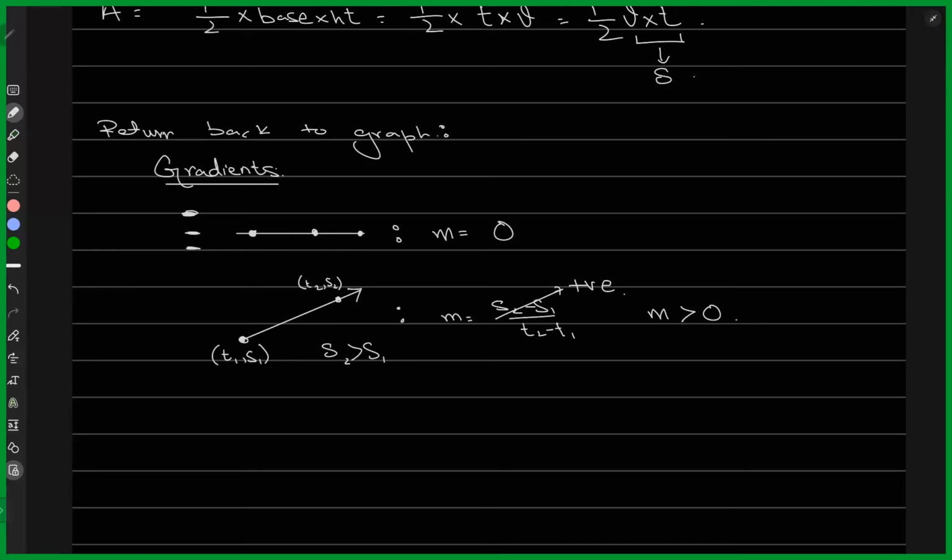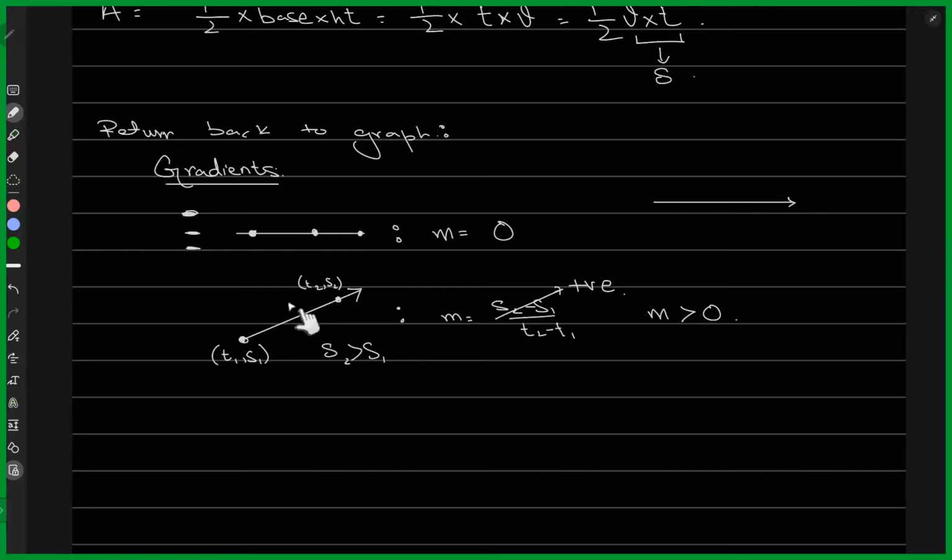Another way of telling whether it should be positive or negative is by this analogy of angles. Suppose you draw a horizontal line like this, and then you put whatever line you want to see the gradient of, whether it's 0, positive, or negative.